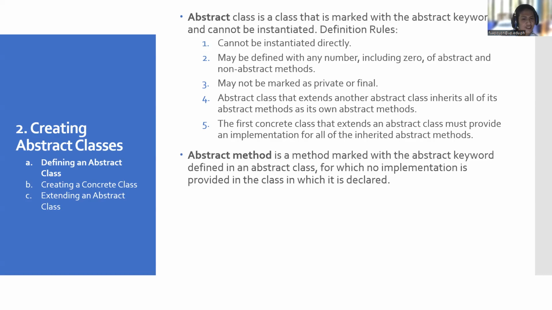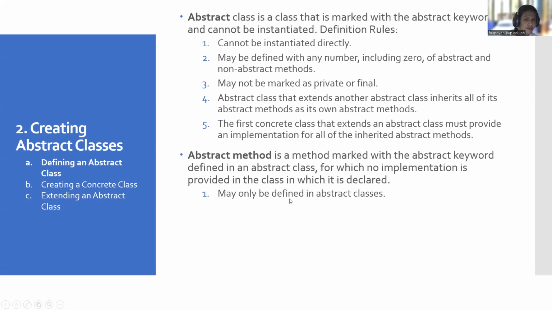Abstract methods are methods marked with the abstract keyword, defined in an abstract class, for which no implementation is provided in the class in which it is declared. Take note of this: no implementation is provided in the class in which it is declared. We'll see more of that later. There are also rules here.